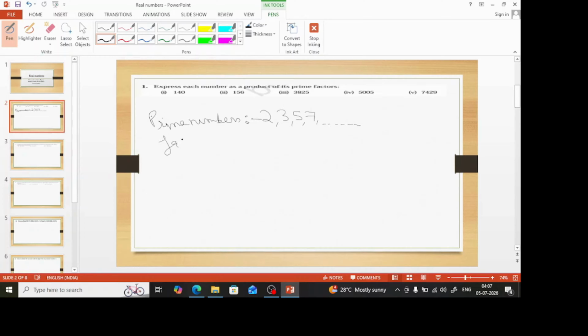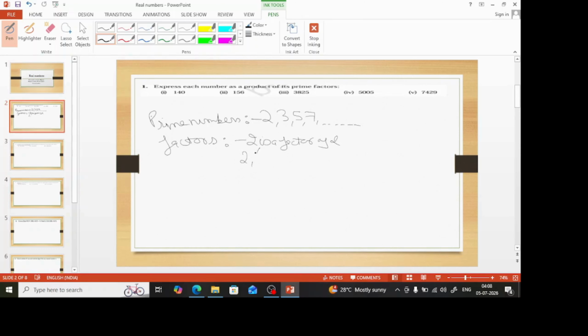And factors are the numbers which divide the other number. Suppose 2 is divisible by 2, so 2 is a factor of 2.